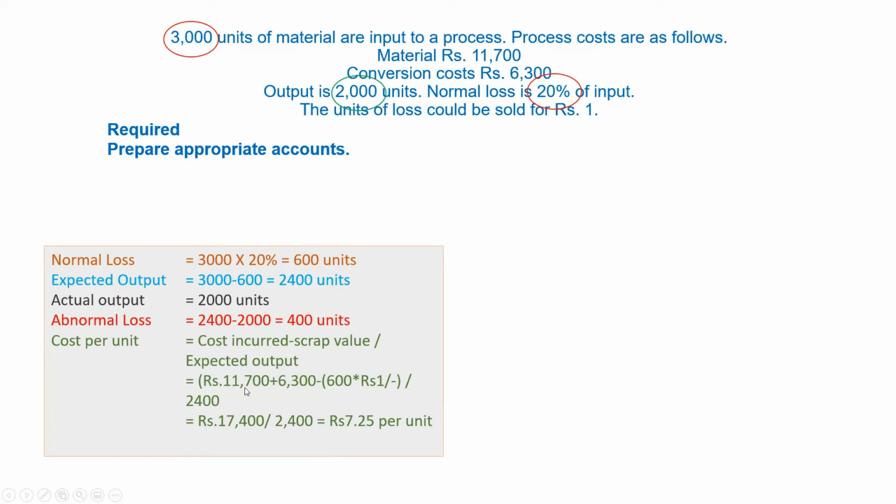So the cost incurred had two components, material 11,700 and conversion cost 6,300. Minus the normal loss of 600.